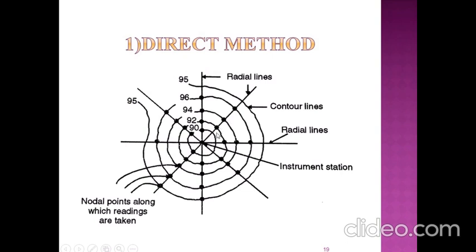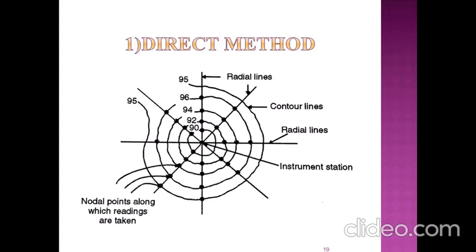You can consider 30 degrees, 30 degrees, or 45 degrees, 45 degrees, like that, to cover the whole hilly area. Then at a regular interval on each line you can mark nodal points at which readings are taken. These lines are joined to form contour lines having the same reduced level. According to that you will get the reduced level and the nature of the ground.